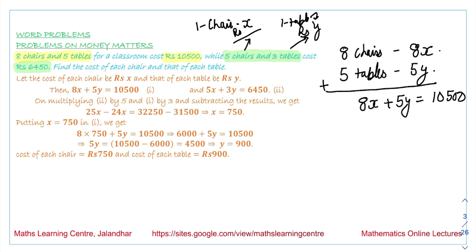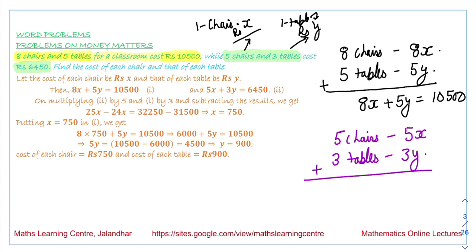This is the first part of this question. In the second part, it is given that 5 chairs cost 5x, 3 tables cost 3y, and their total cost is 5x plus 3y, and its value is 6450.